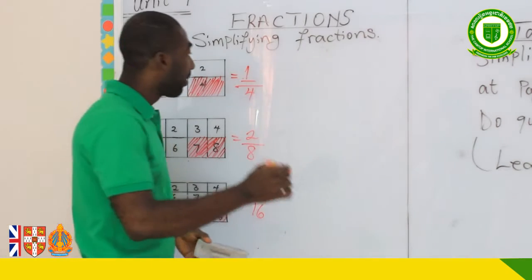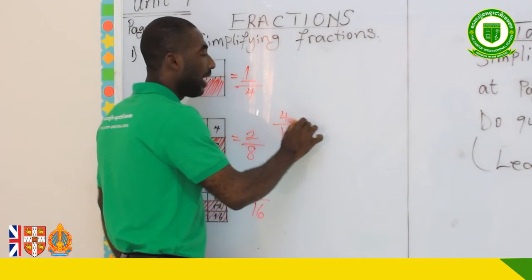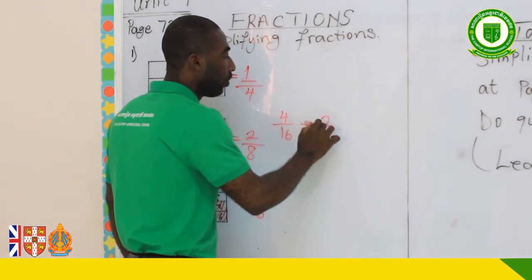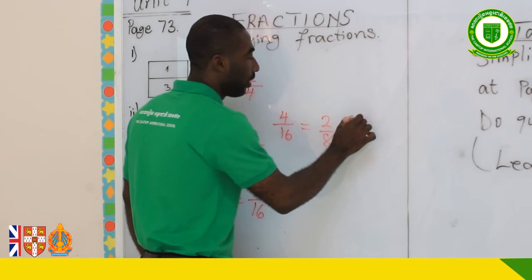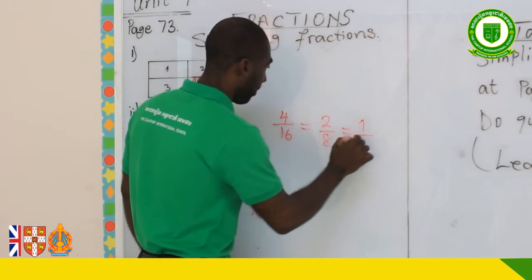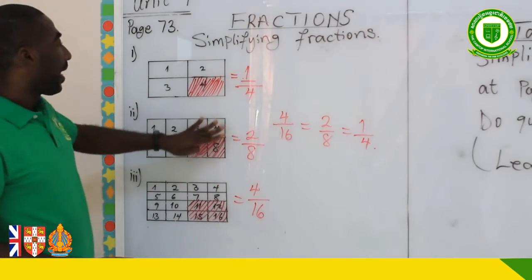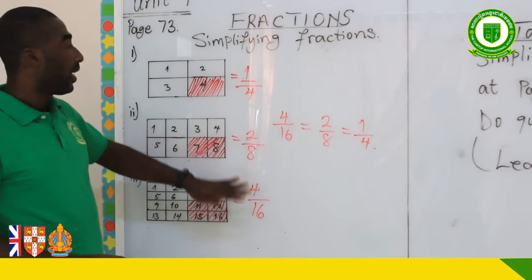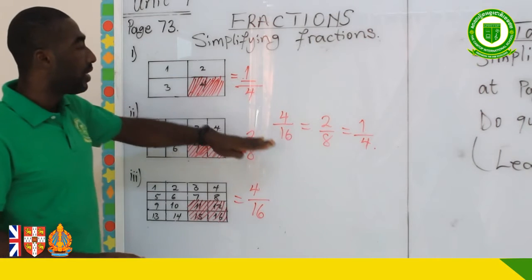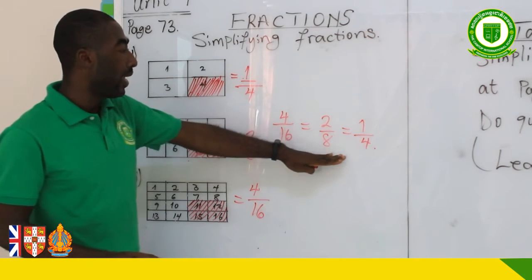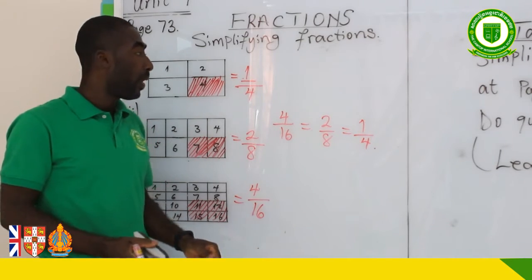So in short, you can write that 4/16 is the same as 2 over 8, and is the same as 1 over 4. So this is how our fraction looks when we are looking at its equivalents.